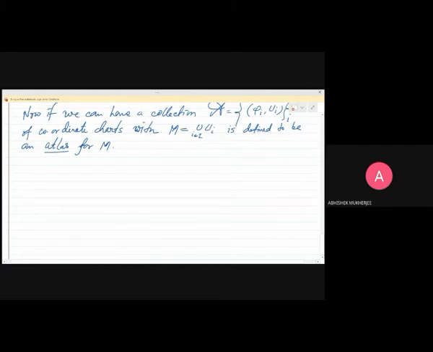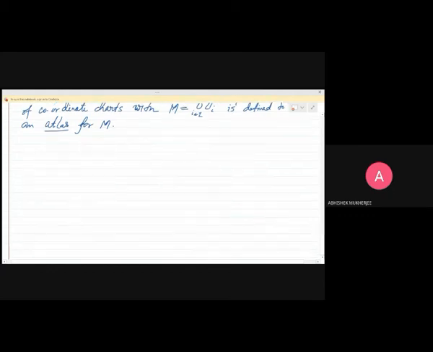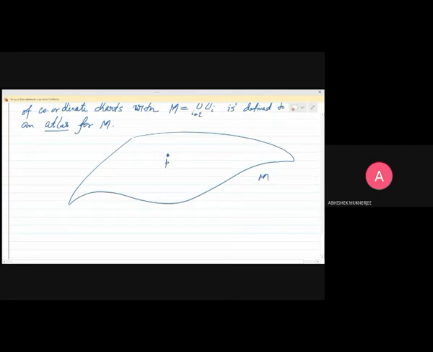Now it should be noted that a natural question will arise. Suppose this is your M and this is your point P. Around P you may have two coordinate charts.